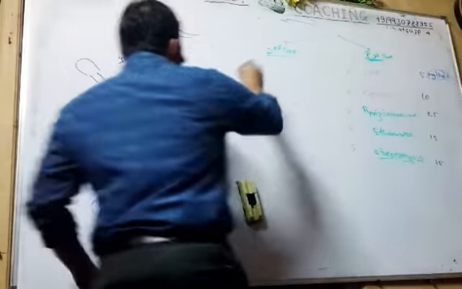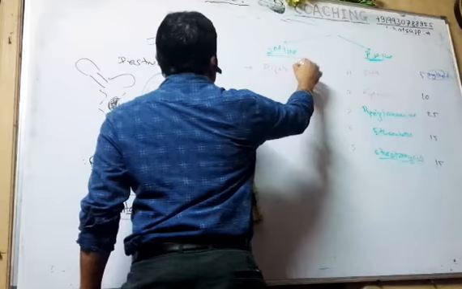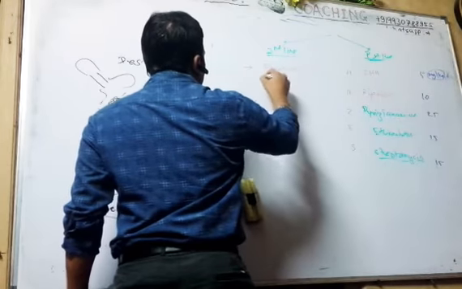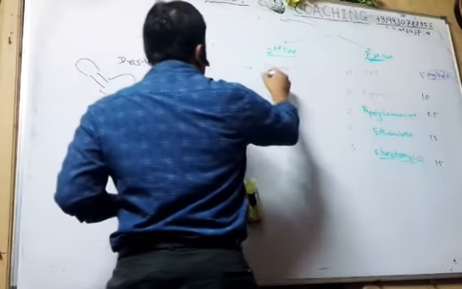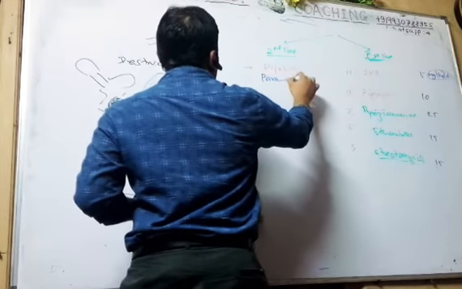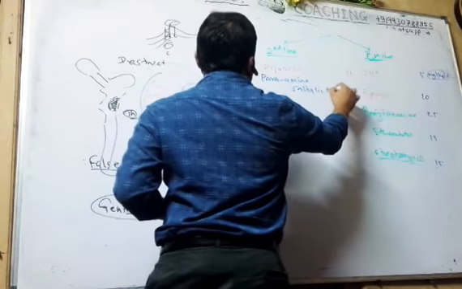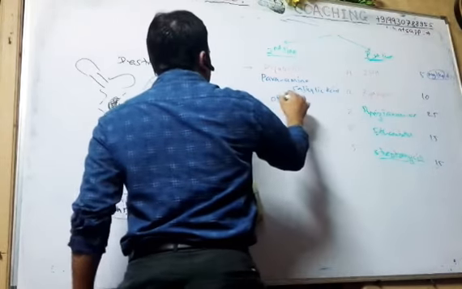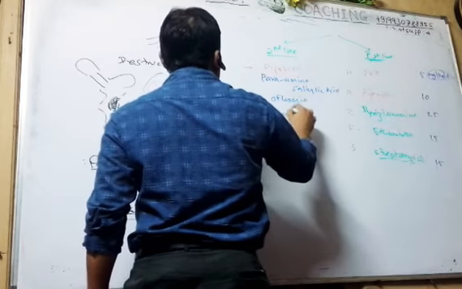We also have second line of drugs, like for example we have rifabutin, para-amino salicylic acid, and so on.